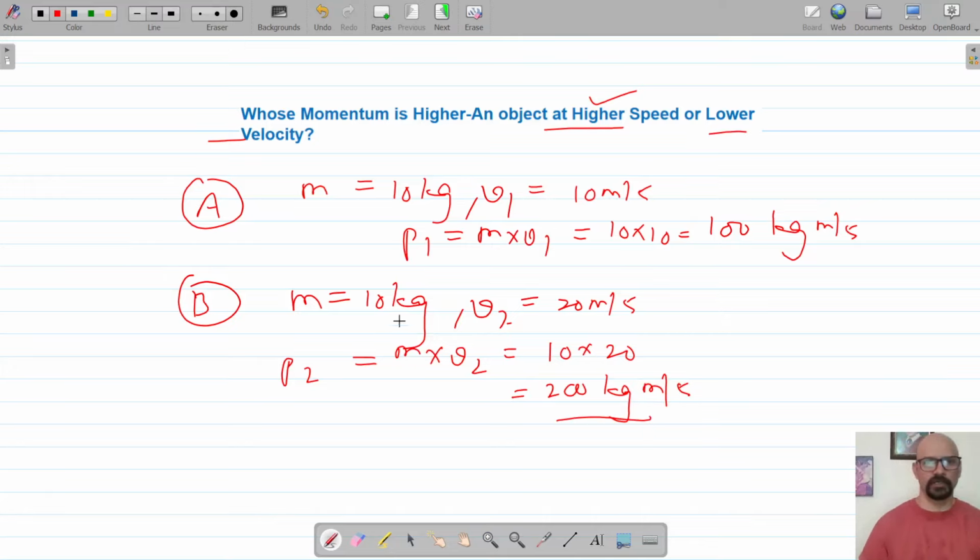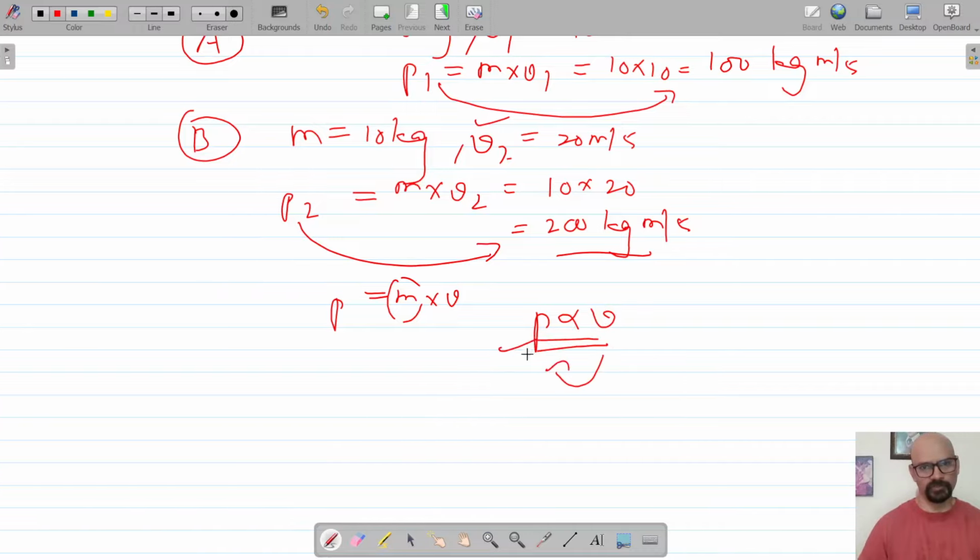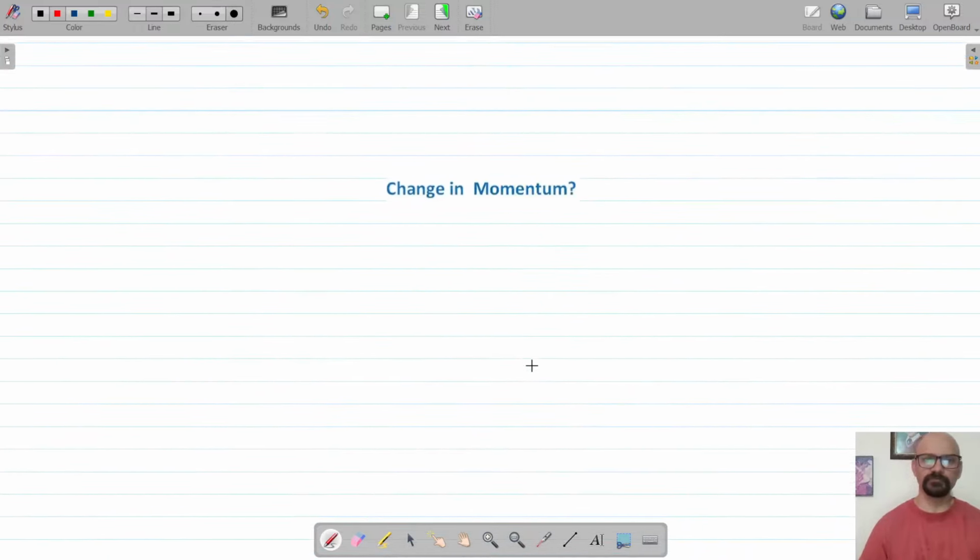So the object with the greater velocity has greater momentum, and the object with lower velocity has low momentum. So the higher the speed, the higher the momentum. It's obvious from the formula because P is equal to m into V, and if we keep the mass constant, P is directly proportional to V. So that means the more the velocity, the more the momentum.